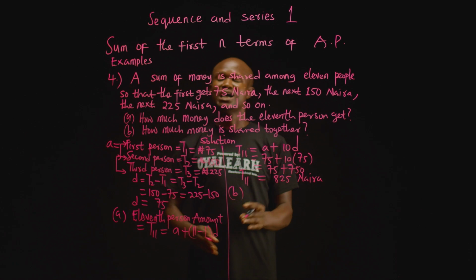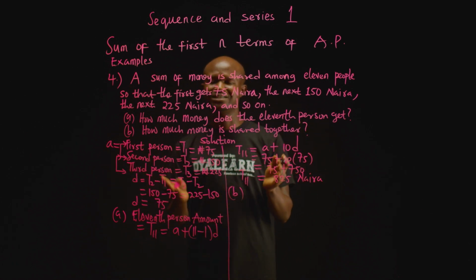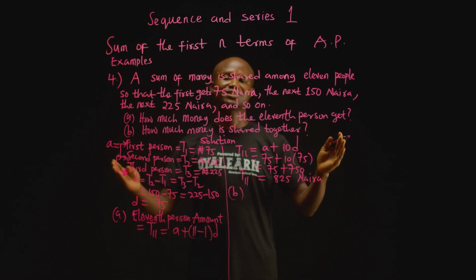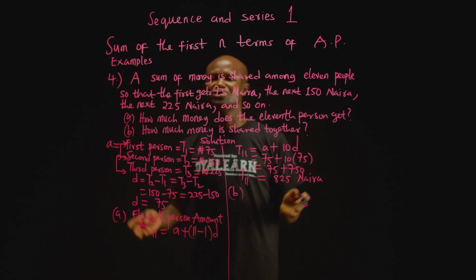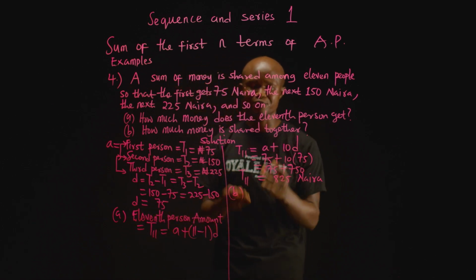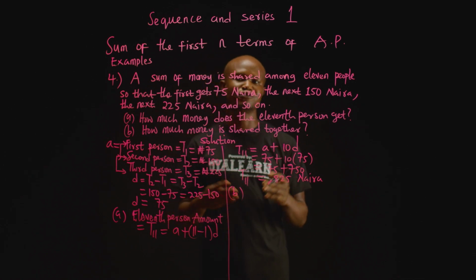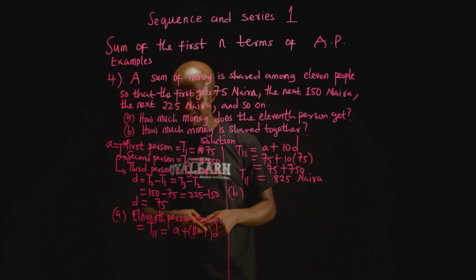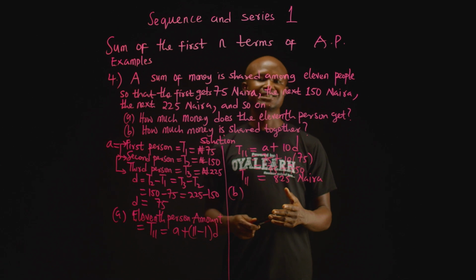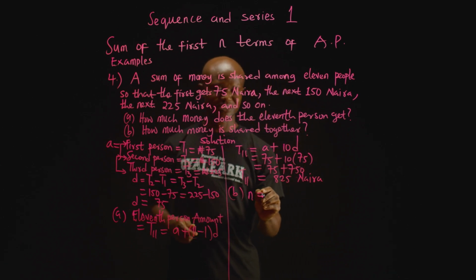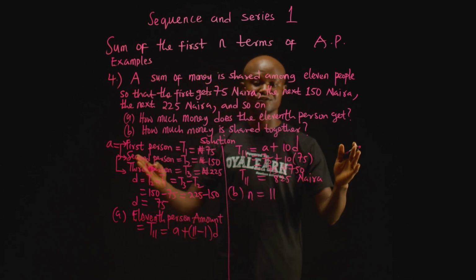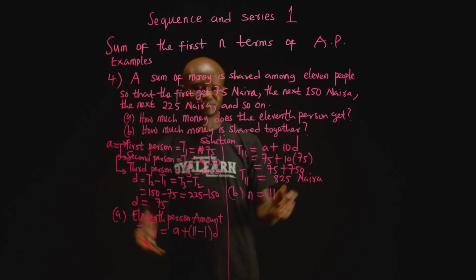That's what we have to do. When you're talking about the total in this kind of series, it means we are talking about the sum of the first n terms of AP. So in that case, n is equal to 11 because it involves 11 persons.